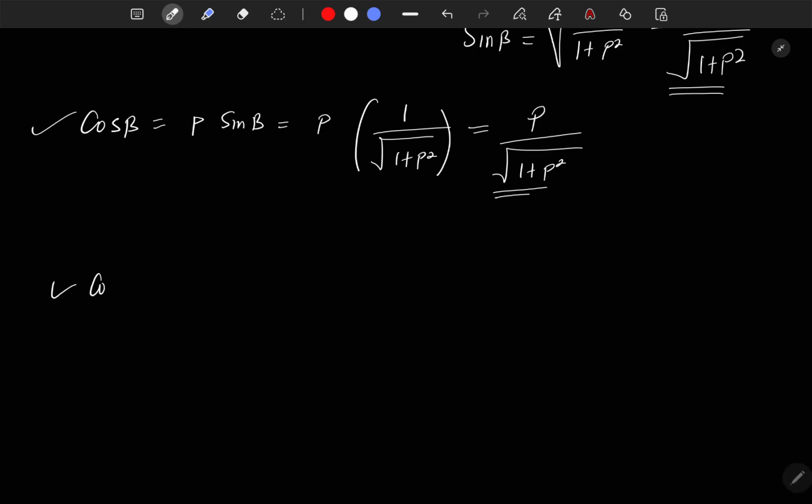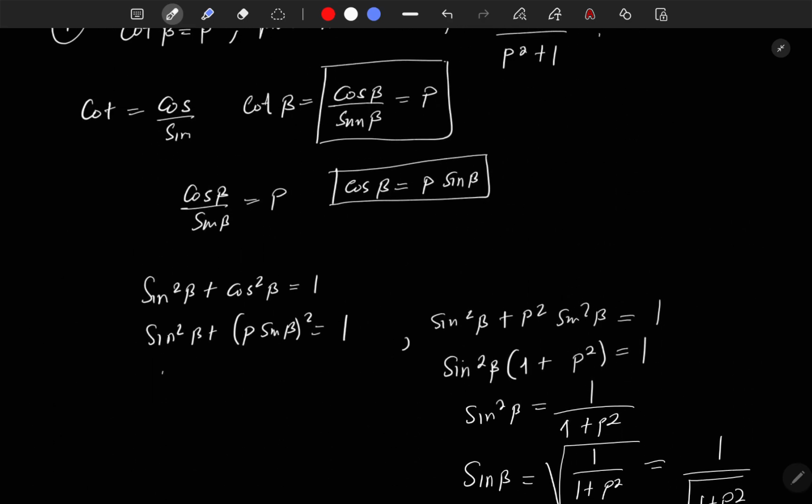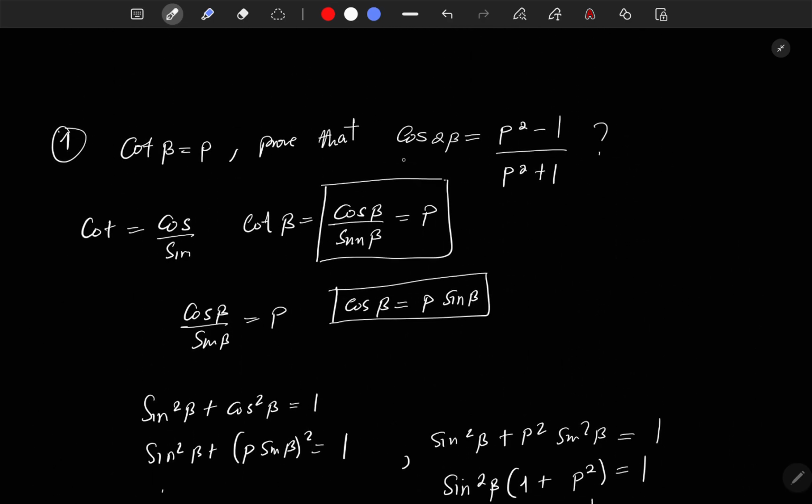We know that cosine 2 beta is equal to cos squared beta minus sine squared beta. Of course, there are 3 of them, but you pick the one which is convenient for this problem. It will be this one, because it will be easier for us to get what we are looking for.